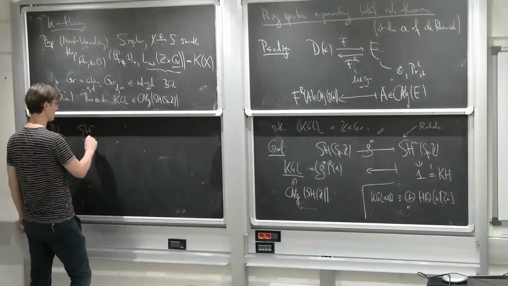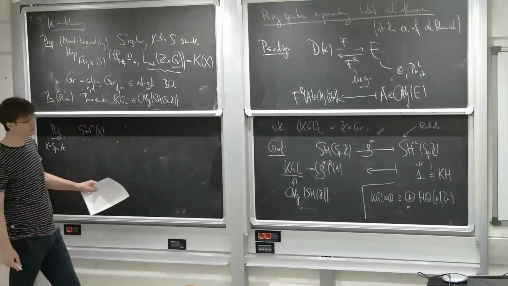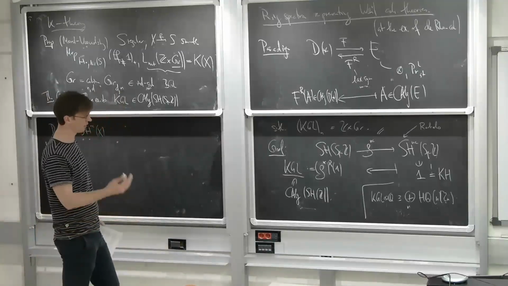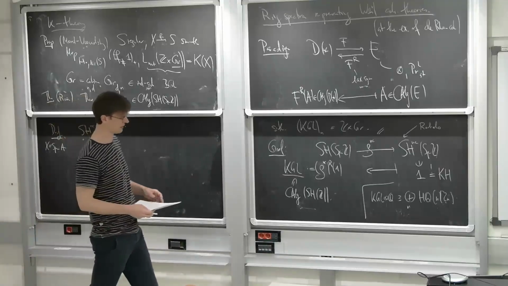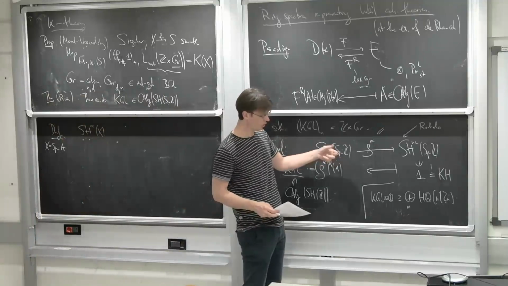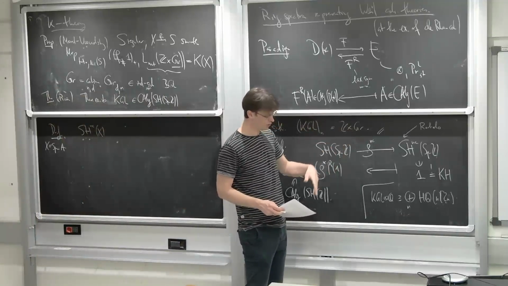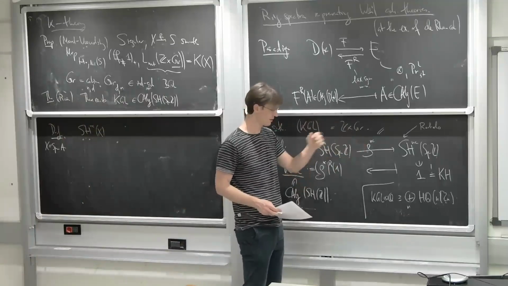So SHNC of X is defined in a way which is similar to the definition of SH. What was the definition of SH? We started out with smooth schemes over our base, then took presheaves, then localized at A1 in the Nisnevich topology, and then we rendered the Tate twist invertible.